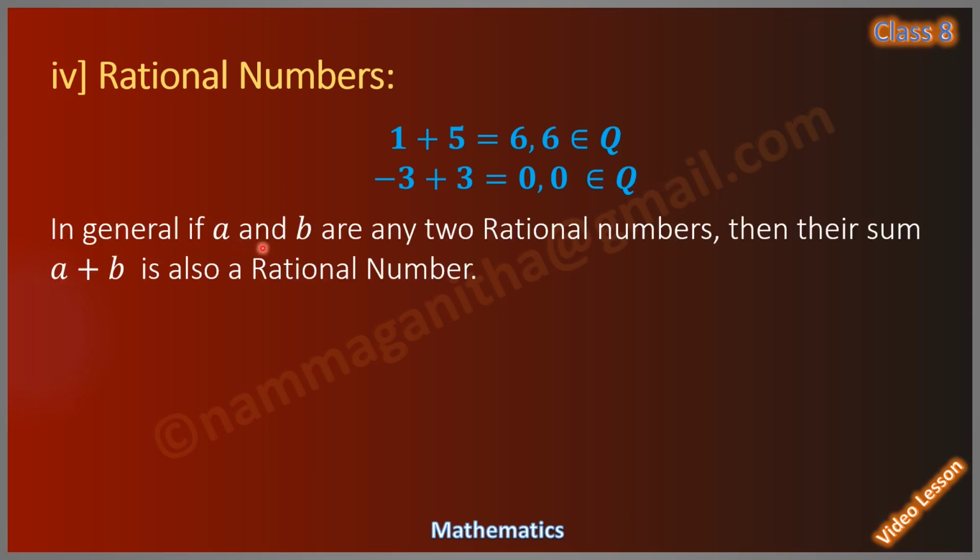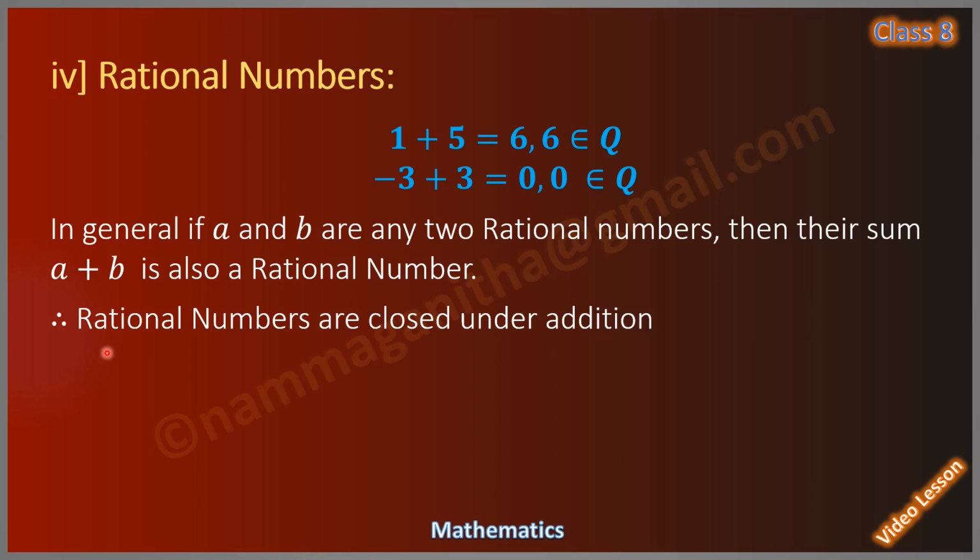In general, if A and B are any two rational numbers, then their sum A plus B is also a rational number. Therefore, rational numbers are closed under addition.